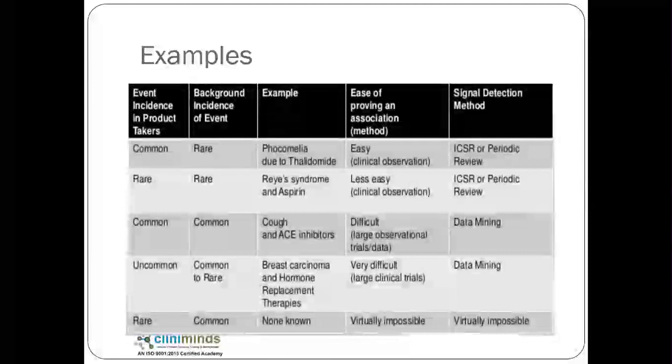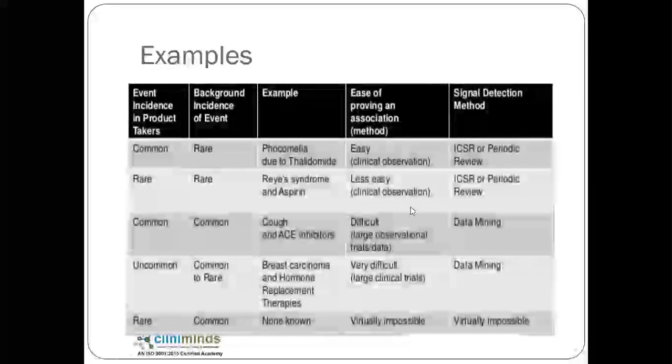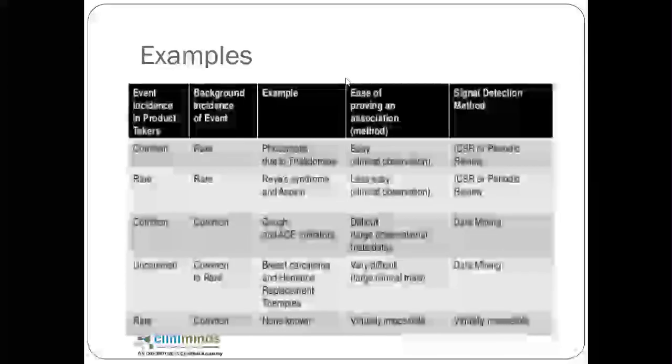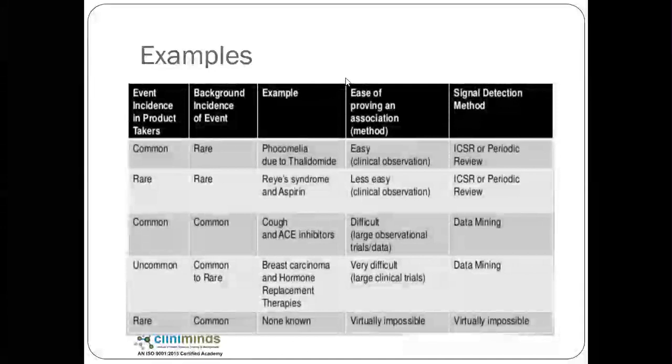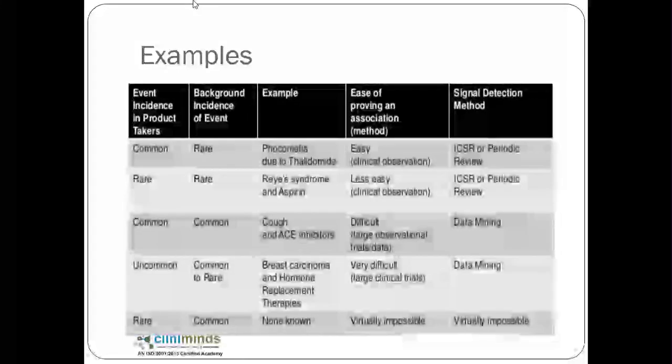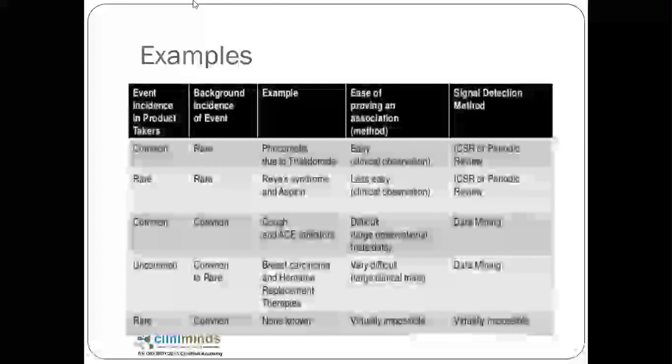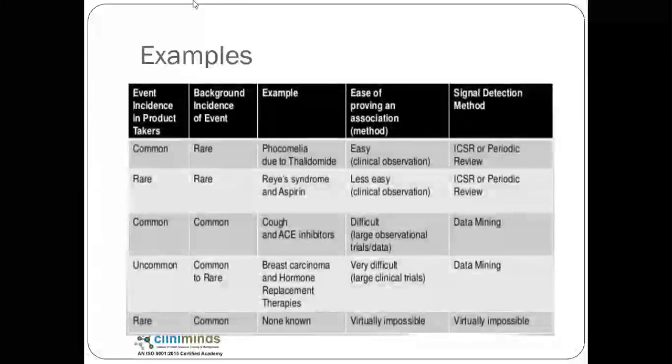Again, if both the background and the actual incidences are rare, even then it becomes easier. It's not as easy as the first one, but it is still easier because both incidences are rare, so you can do an ICSR review of a larger database, and that is an easy way of doing it.